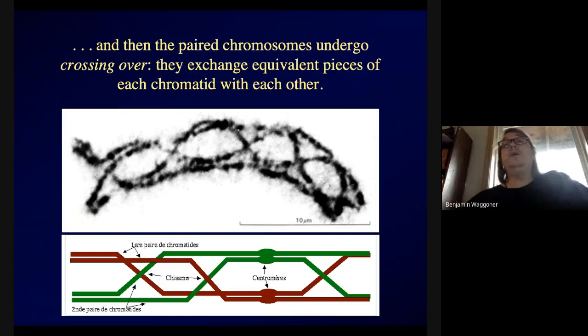And there you've got an actual picture of it at the top, with a diagram of what's going on on the right, where those chromosomes are crossing over. It makes a little X-shaped structure that's called a chiasma. Don't worry about that term, but that's what crossing over looks like, and it's something that happens only in meiosis, not in mitosis.